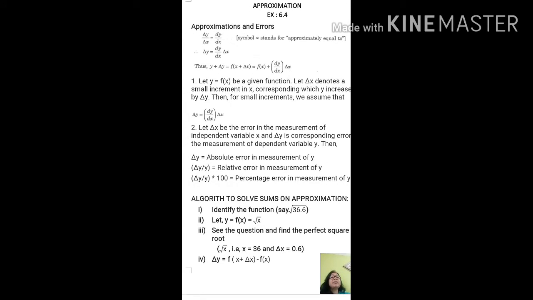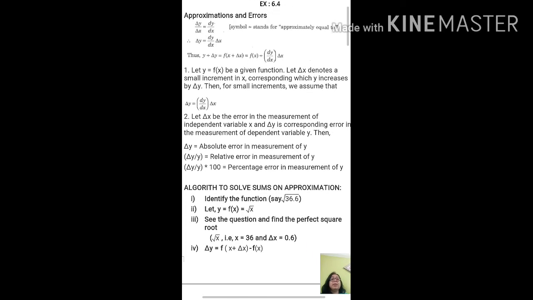Here delta x is the error in measurement of the independent variable x, and delta y corresponds to the error in measurement of the dependent variable y. So delta y is the absolute error in measurement of y, delta y by y is the relative error, and delta y by y into 100 is the percentage error in measurement of y.